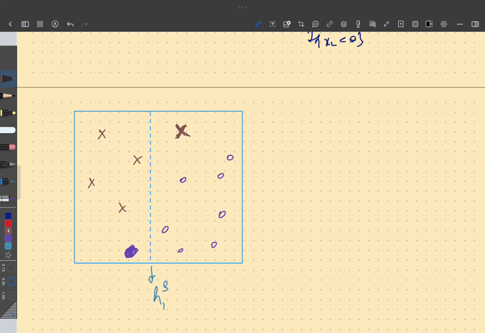This is the original data set, but I've drawn these two a little thicker, which means that when I'm sampling S2, the probability of picking these points is higher.